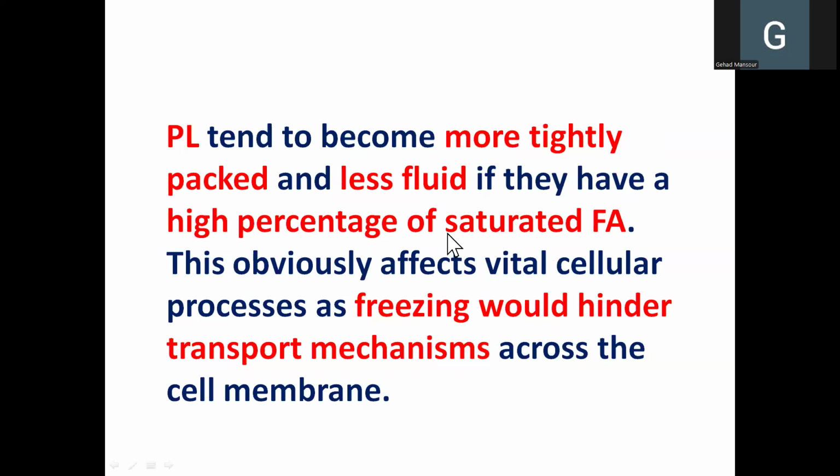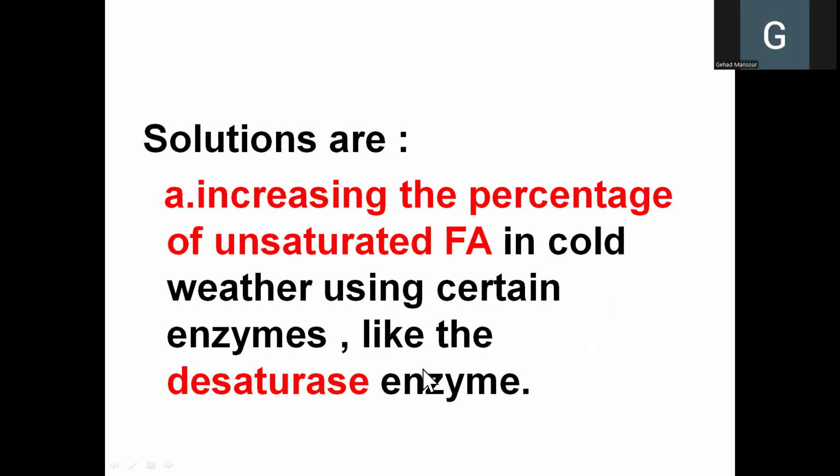So as we said before, if the membranes remain with this high percentage of saturated linear fatty acids, they will become very tightly packed, less fluid and very rigid, and therefore they might appear as if they were frozen, and this would hinder the transport mechanisms across the cell membrane.